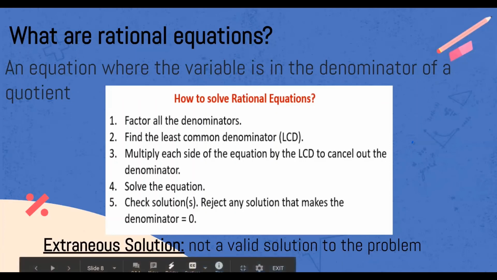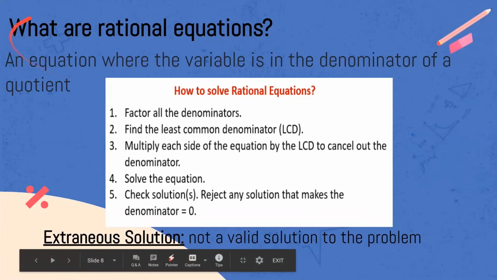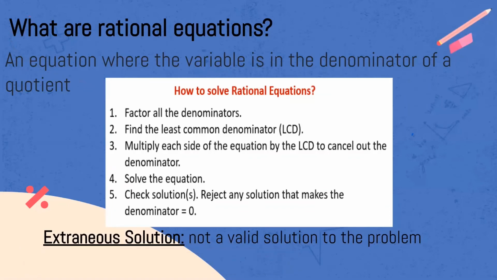So the thing is, with rational equations, you have one rational expression, or some rational expressions, before the equal sign, and probably some rational expressions, or just a fraction, on the other side. You can have rational expressions on both sides of your equal sign, or one of the sides might not have any rational expressions.